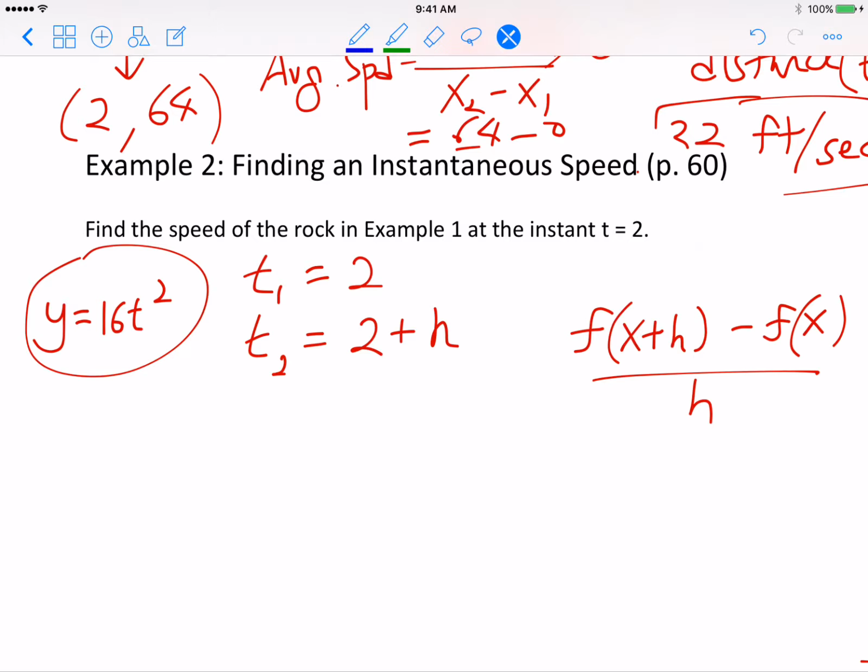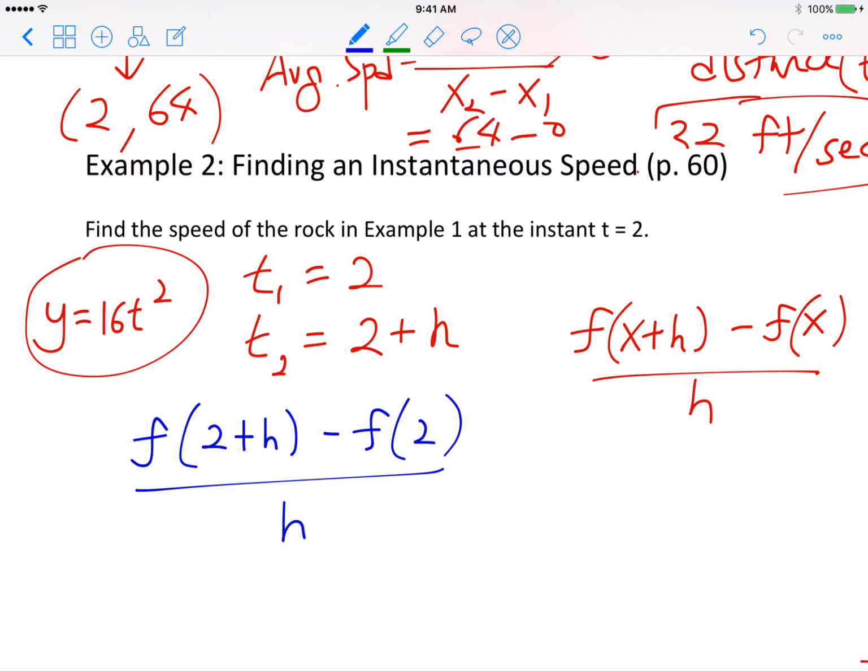So let's see. What I could do is use f of 2 as my f of x, and use f of 2 plus h as my f of x plus h, and h will be that arbitrary value. So write that out: f of 2 plus h minus f of 2 all over h.